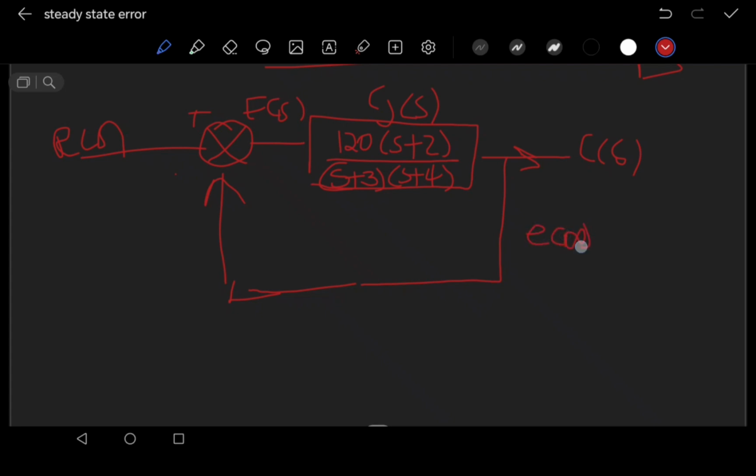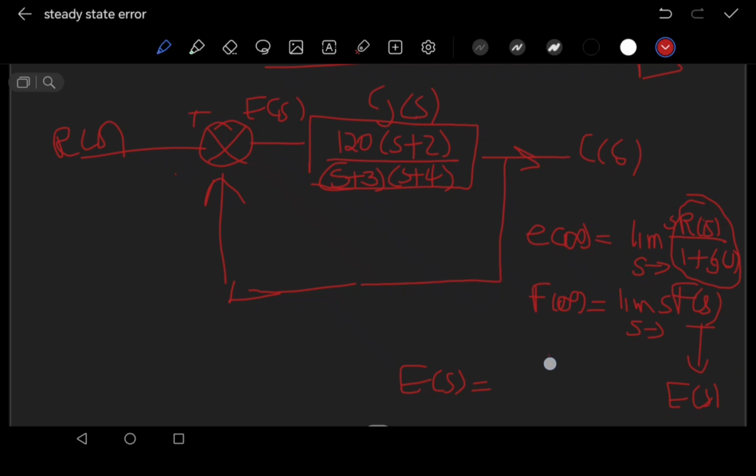So this is what it was: r of s divided by what? 1 plus g of s. So this is the final answer because this is what we got in the deriving, and we know very well that the final value speaks about something like this, right? And then this is going to be replaced by e of s only, right? And then e of s in terms of g is r of s over 1 plus g of s. So which is why that side it's like this, because this s has always been there, right?